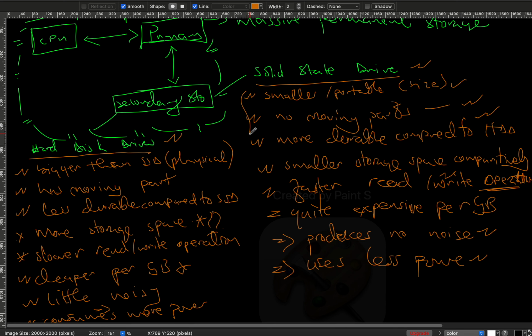So all these advantages that I mentioned are some of the advantages that I would go for, over the part of the space and even the cost, right? At any given point in time, just know that SSDs are going to be better in most cases as compared to hard disk drives.